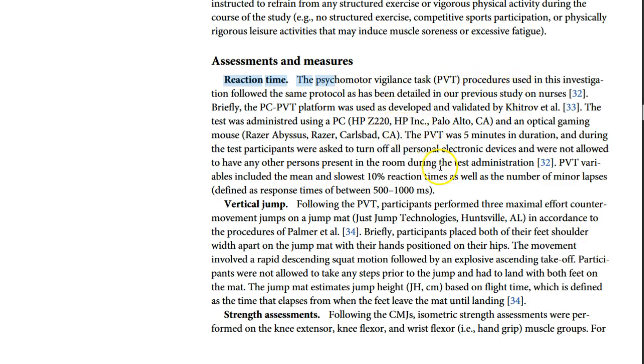And the PVT variables include mean and slowest 10% reaction times, as well as the number of minor lapses, which is defined as a response time of this. So basically, this is sort of like a computer game, I guess, that asks them to pay attention to something. And when they don't pay attention quick enough, well, they count the number of times they don't pay attention enough. And those are called lapses, or in this case, minor lapses.